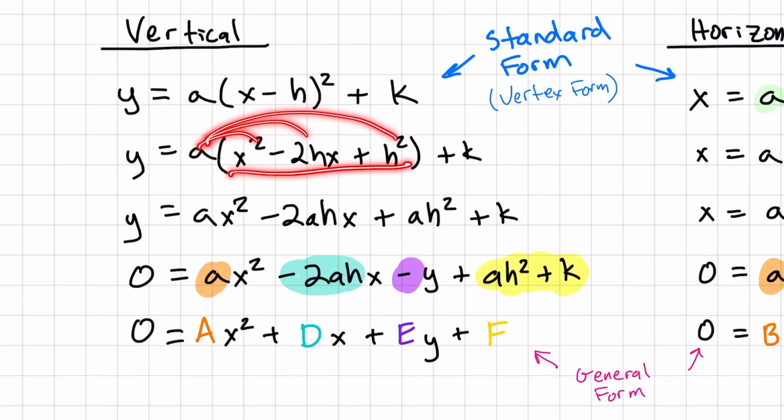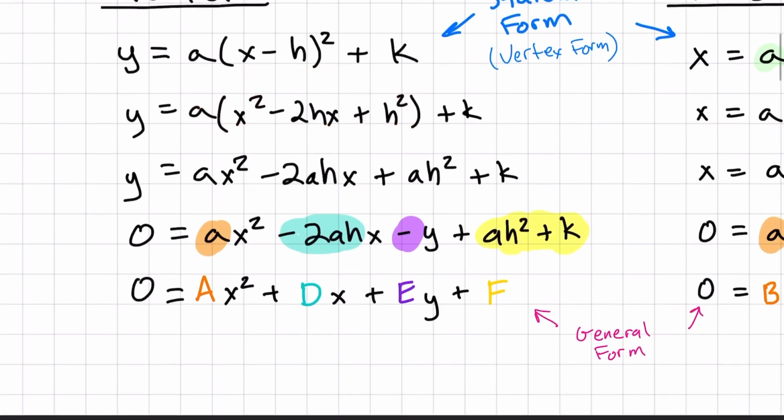We can distribute the a, and then we can gather up our like terms, and I'm going to move this y over. We should notice that we then have four sets of different terms. I could look at this x squared term and simplify this leading coefficient into just a capital A. I could simplify the coefficient in front of the x as just capital D, this coefficient, that negative one, as E, and all of this constant, there's no x or y in it, as just F. And notice this is the general form.